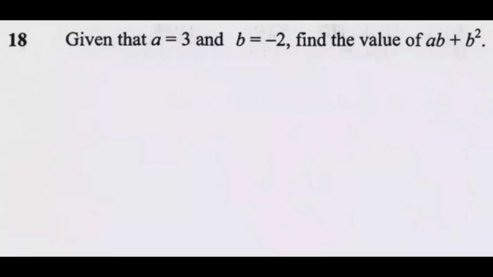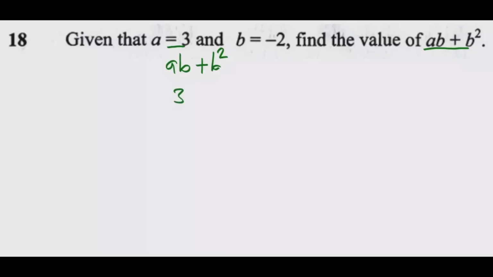Question 18 was as follows. Given that A is equal to 3 and B is equal to -2, find the value of AB plus B squared. So what I need to do first is write this expression that is given. So I'm going to write AB plus B squared. What is A? We are told A is 3, so I'm going to write 3.